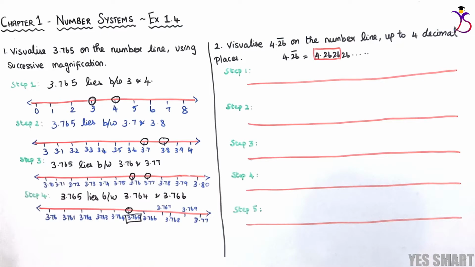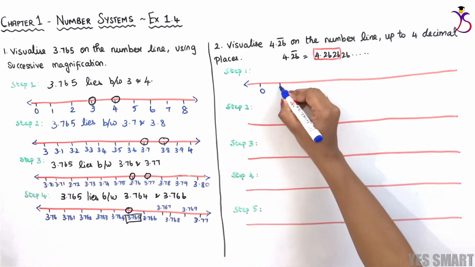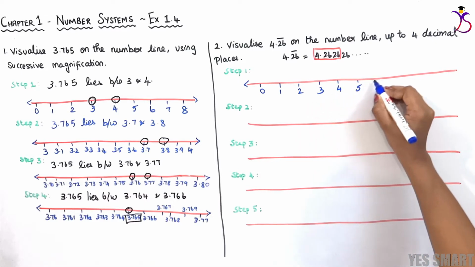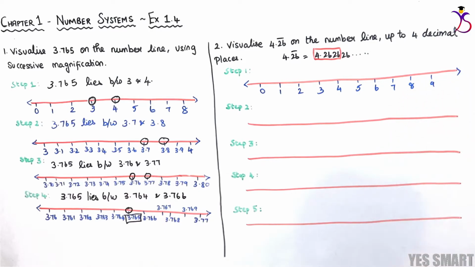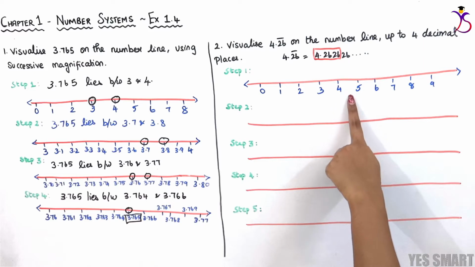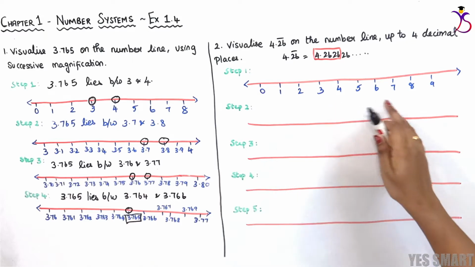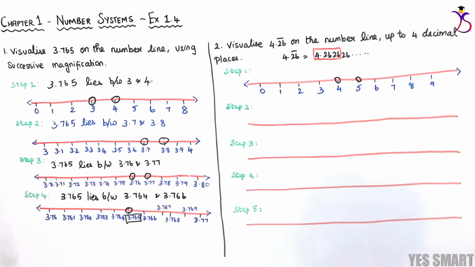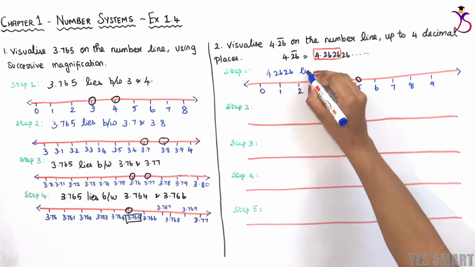In the first step, as usual, we will draw the number line. We will start from 0, 1, 2, 3, 4, 5, 6, 7, 8, 9, and it goes on. Now 4.2626 lies between 4 and 5 because it is greater than 4 and lesser than 5.